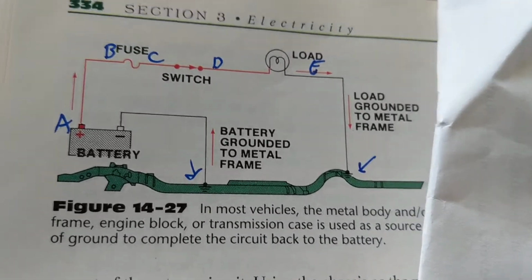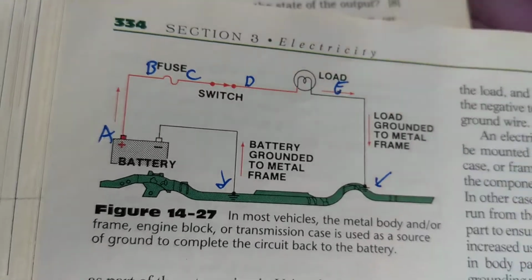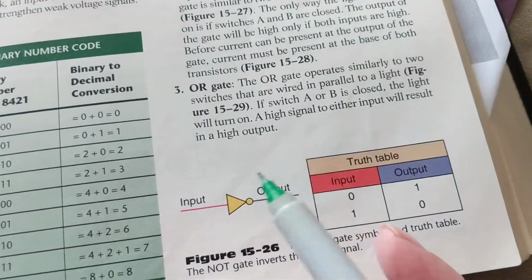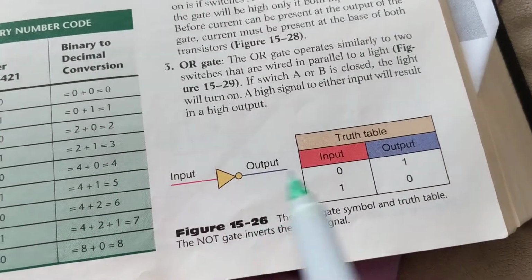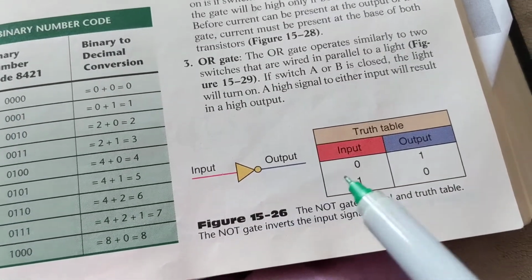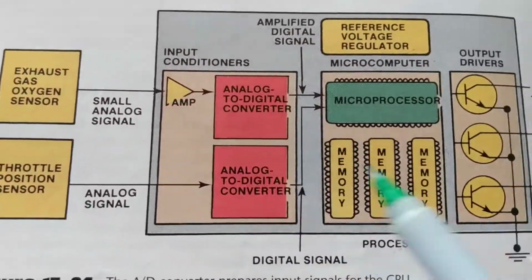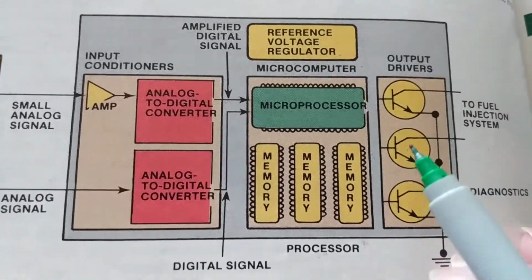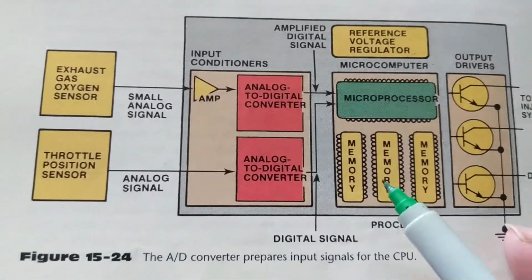Anyway, getting to the point. Back of digital. See how even 25 years ago we were into digital, and we're talking about the PCM. You want to call it the powertrain control module, the computer.